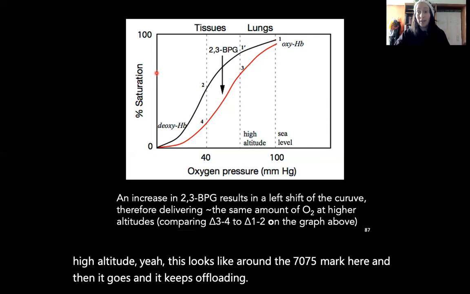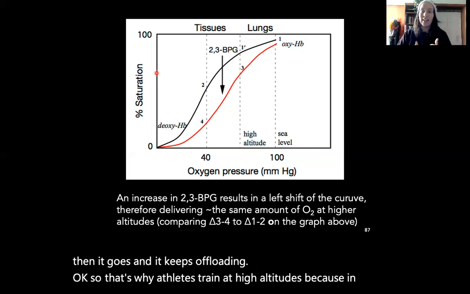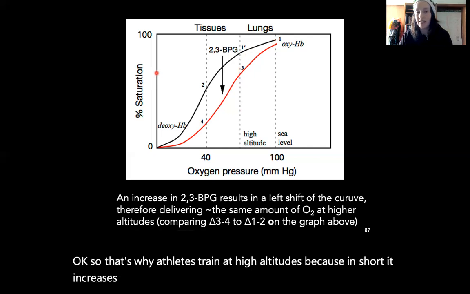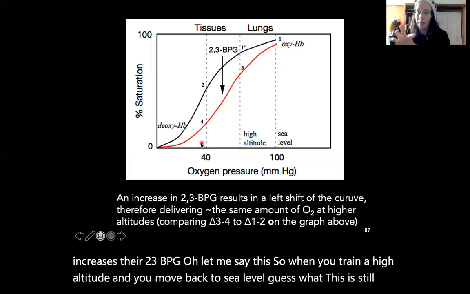Okay, so that's why athletes train at high altitudes, because in short, it increases their 2,3-BPG. Oh, let me say this. So when you train at high altitude and you move back to sea level, guess what? This is still going to be your curve for a couple days.